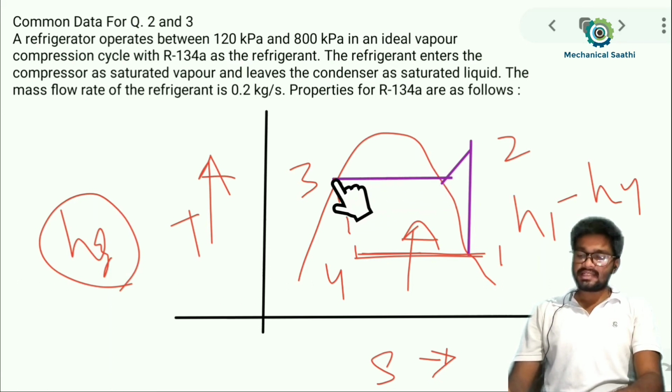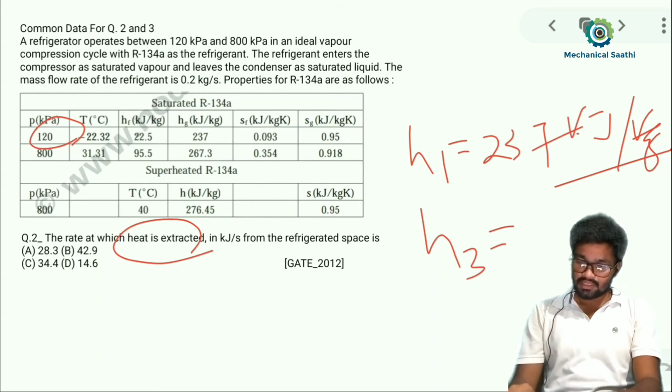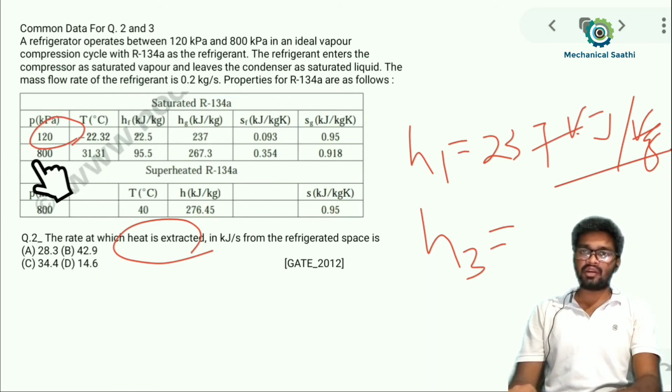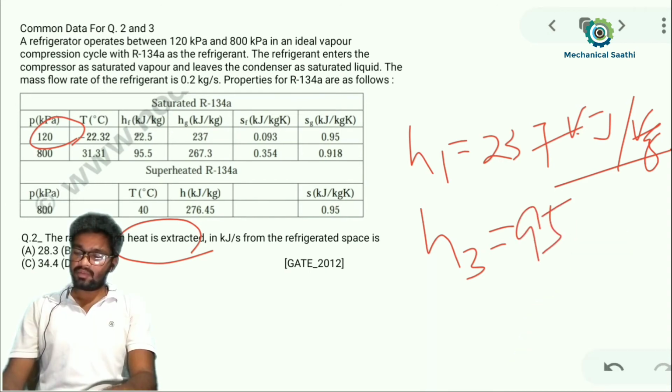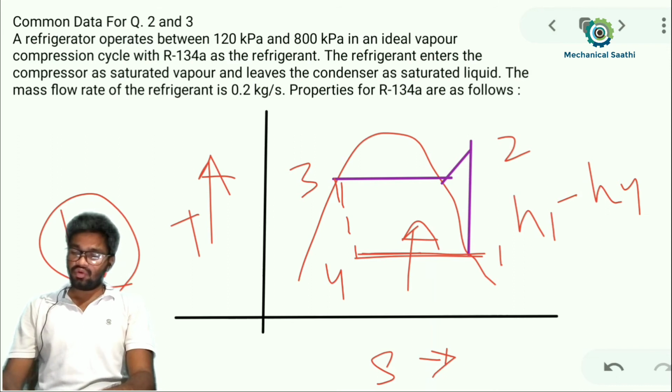That means Hf corresponding to 800 kilopascal will be the value of H3. Let us check that Hf value corresponding to 800 kilopascal. It is 95.5 kilojoule per kg. So H3 is 95.5 kilojoule per kg.